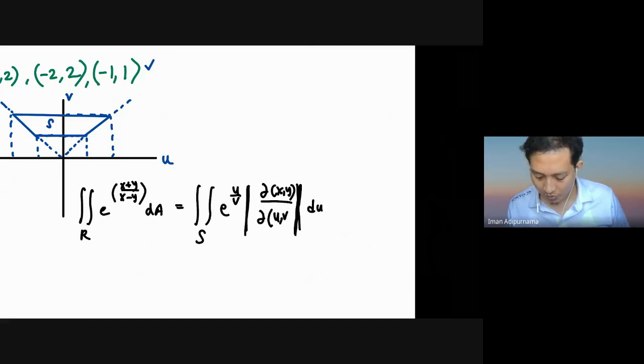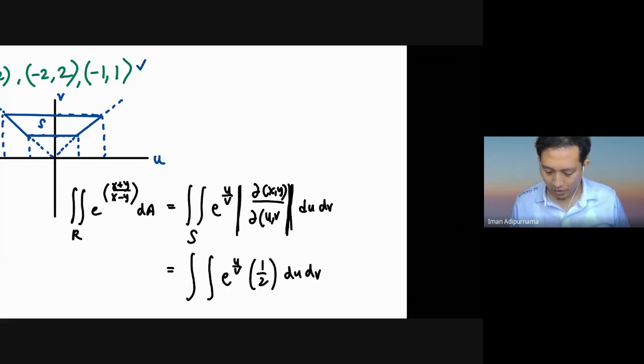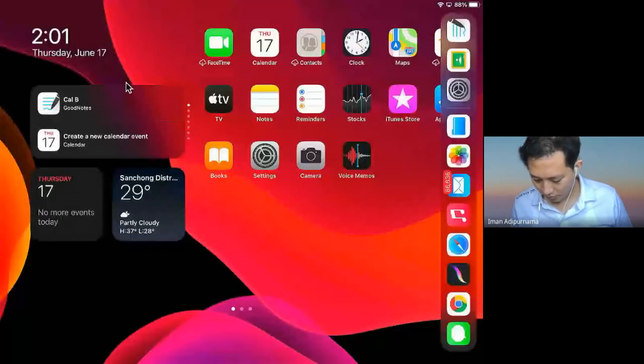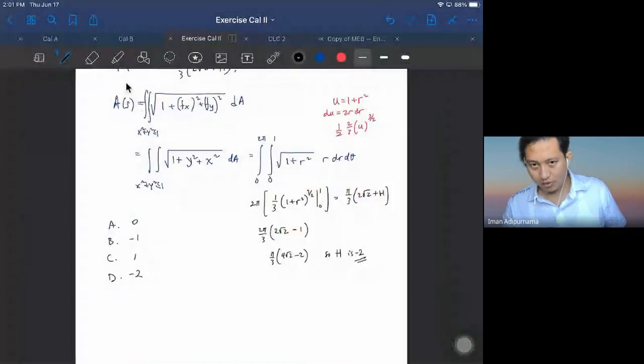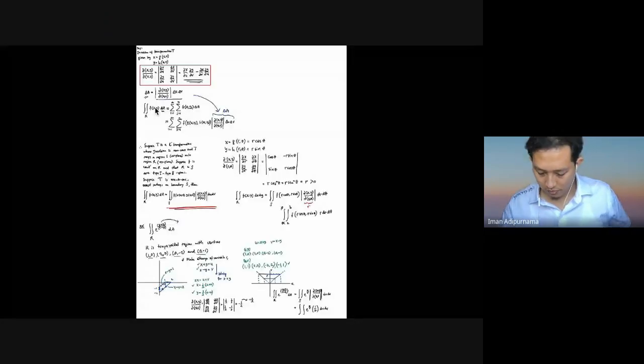Let's say we want to evaluate du and dv. So write all and write half, and then du dv. So half is from our Jacobian here. Oh, sorry. Wait. Okay.